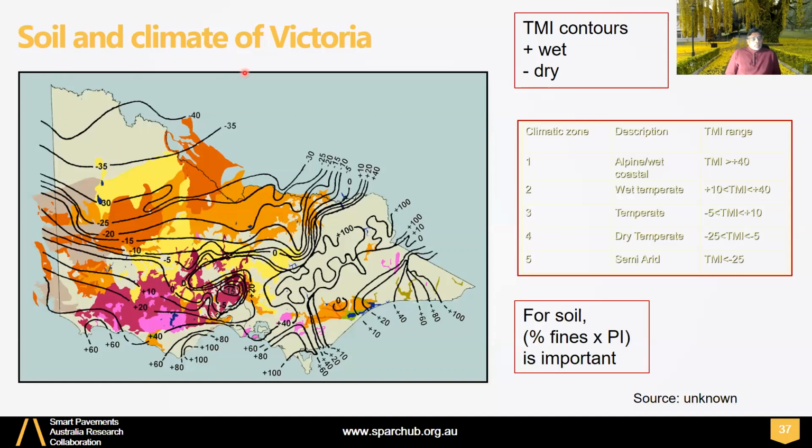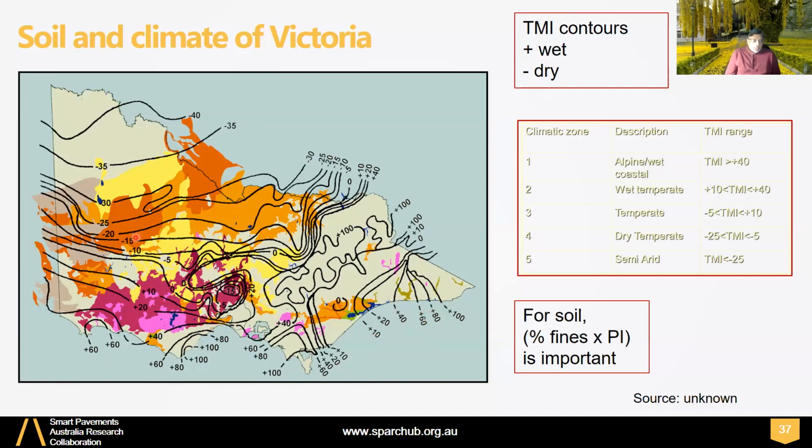So soil and climate of Victoria. So here you can see the Victorian map, and the soil types are also given. Western side is basaltic terrain, right hand side has Silurian materials and so on. These contours are Thornthwaite Moisture Index, TMI contours. They characterize the climate, and plus means higher the plus, the wetter the climate is.